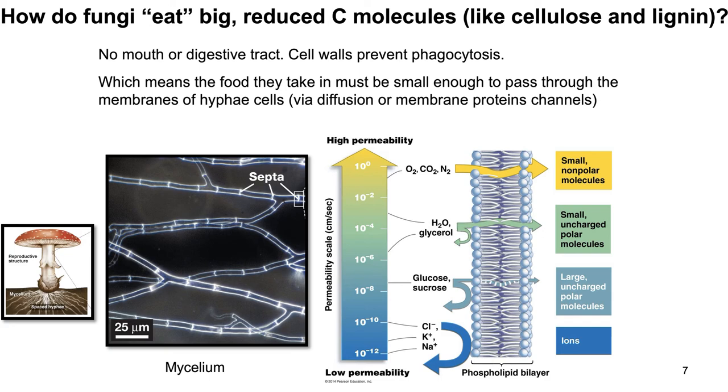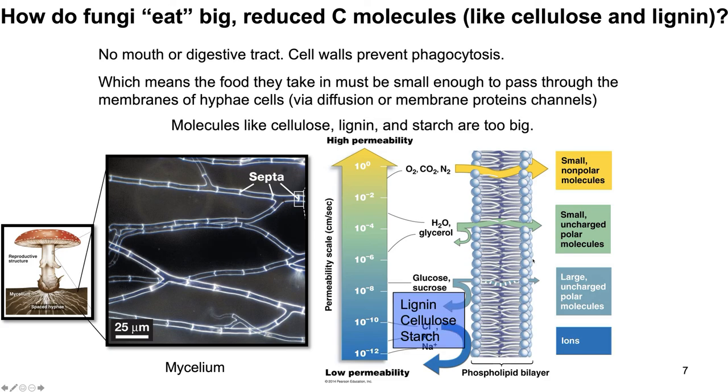And so what that means is molecules need to be very, very small to move across a typical cell membrane. If we're ignoring the protein channel part and we just look at permeability, going from low permeability to high permeability of a cell membrane, you can see that smaller nonpolar molecules like oxygen, CO2, and N2 can move very easily across a cell membrane. But as you get into larger polar molecules or some small polar molecules, remember these have a little bit of charge on them, and things like ions, it gets harder and harder for these things to move across a typical cell membrane.